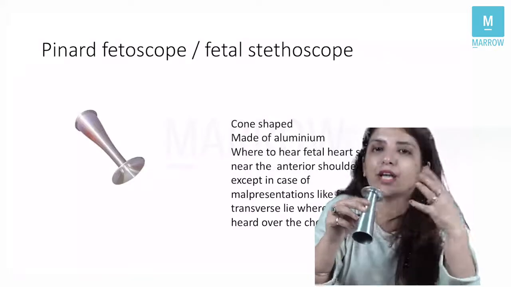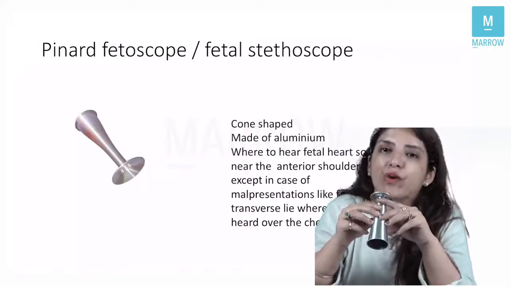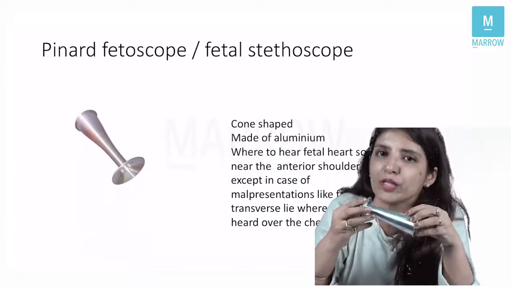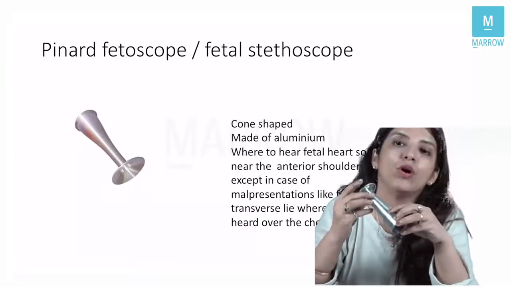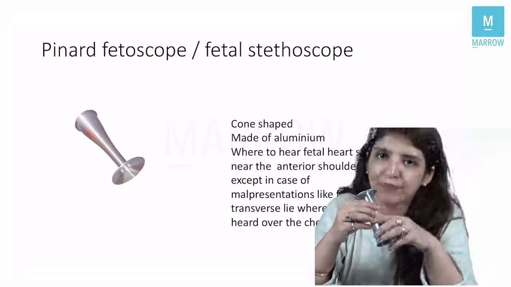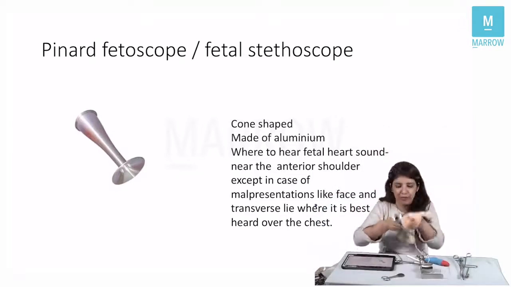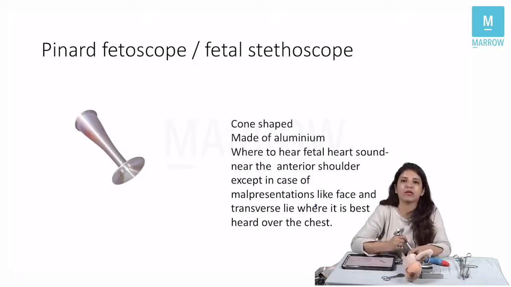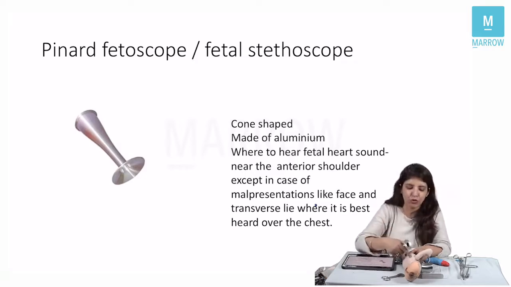Now, the type of questions which you can get in Viva when you hold this instrument are, number one, they can ask you, where is the fetal heart sound located usually? So, suppose we have a baby here, the lie of the baby is longitudinal. Now, in longitudinal lie, which is the most common lie, the best place to hear fetal heart sound would be near the anterior shoulder, in the back near the anterior shoulder, right?